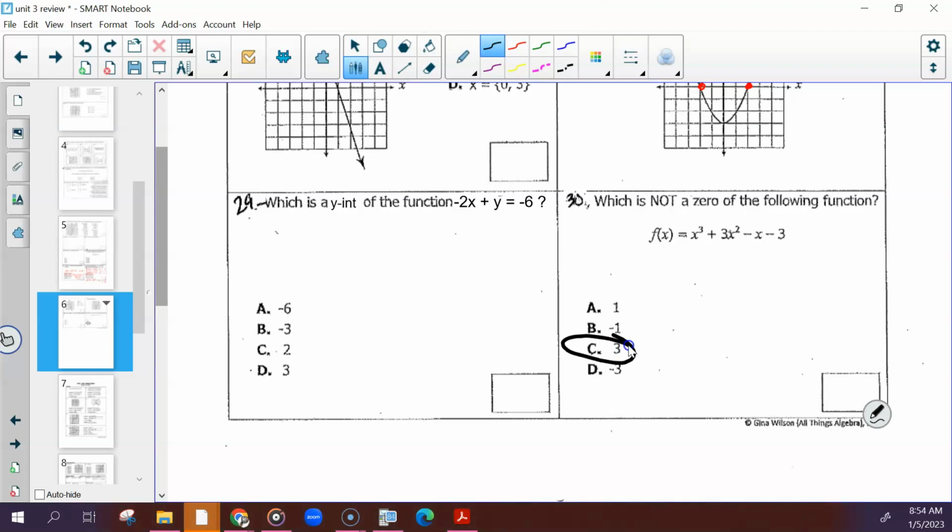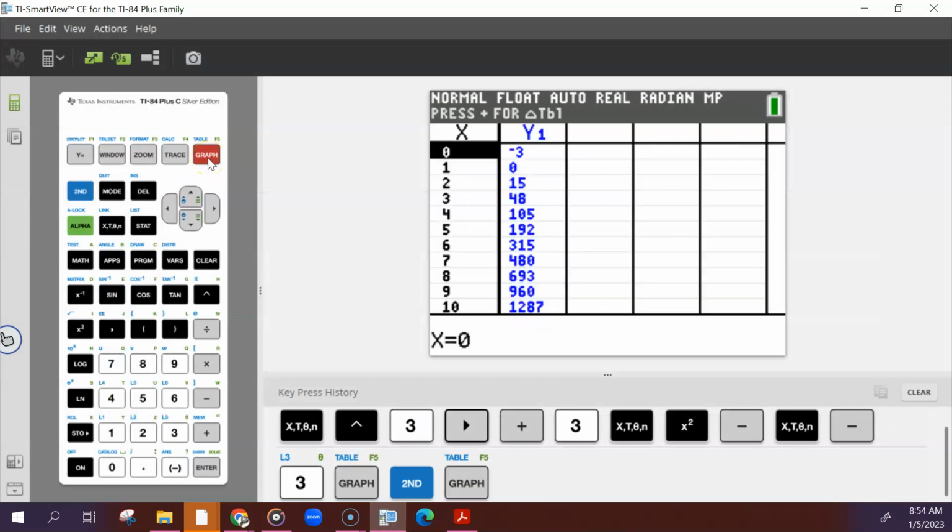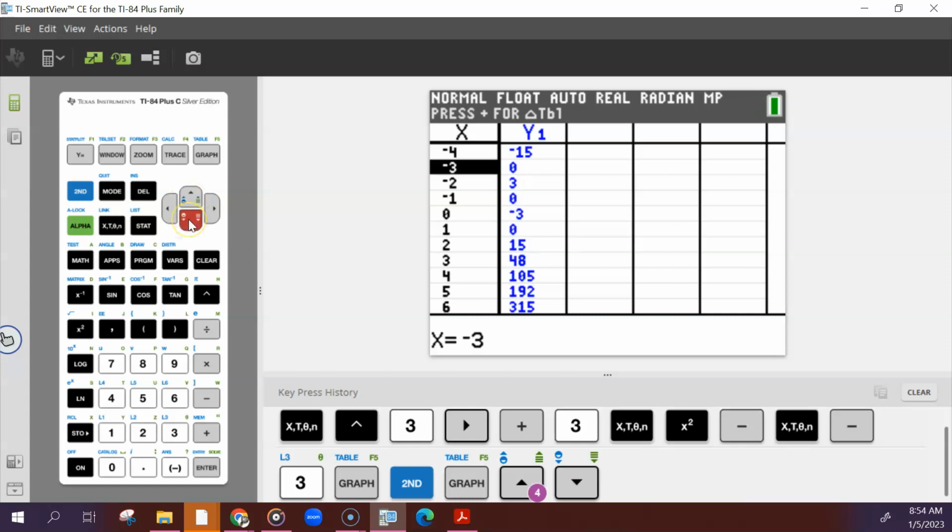Can you not do it where it gives you the numbers on both sides? You heard about the table? You could also look at the table, yes. Since they give you those numbers, look at -3, see if your y value is 0.